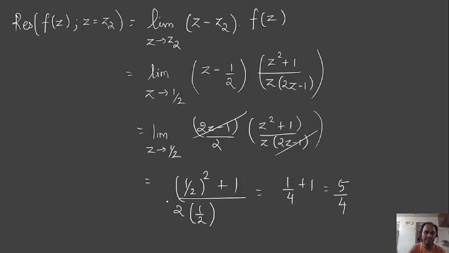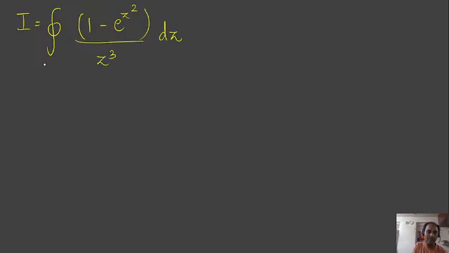So let us take that. So I equals the integral of (1 minus e raised to z square) over z cube dz over C. Okay, this is a question that was there in the last one of the examples, and the curve in this question is C: mod z minus 2 equals 1.